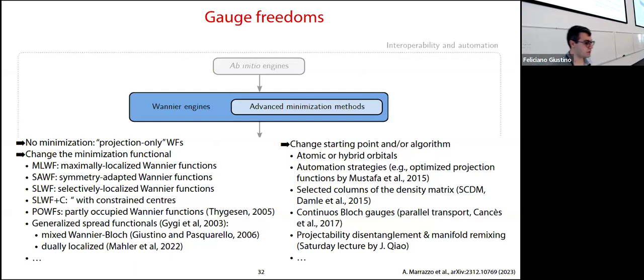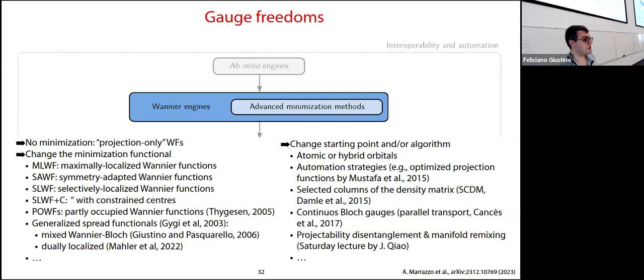You don't do any iterative minimization. Then there is the most popular choice, which is doing maximally localized Wannier functions. But then you can start to play with this minimization. For instance, you can enforce some symmetries and do what are known as symmetry-adapted Wannier functions. Or you can decide that you only minimize the spread functional for some of the Wannier functions.